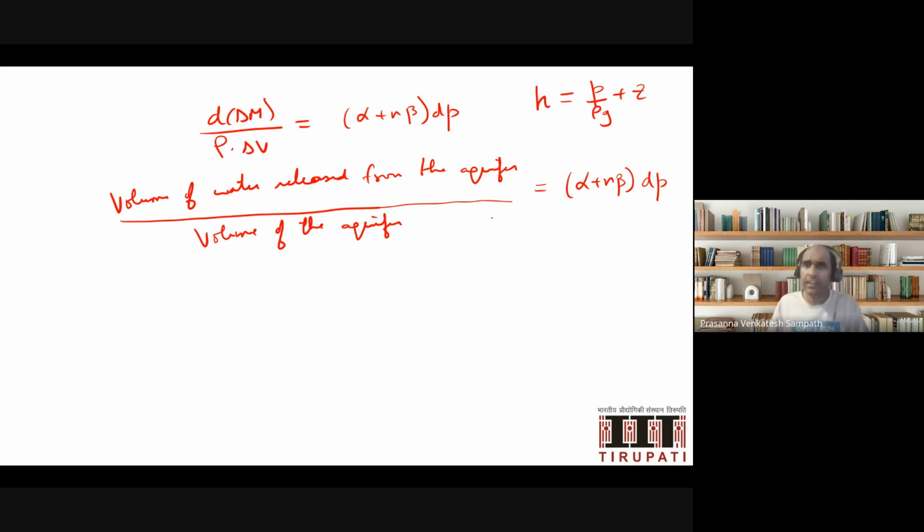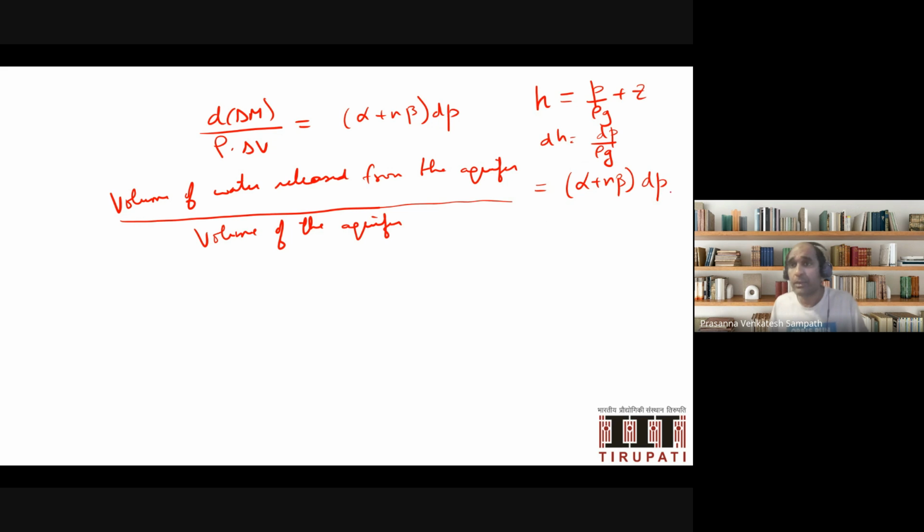So how much will that change be? Let us differentiate this. So I'll get dH equal to dP by rho g plus dz, but at that particular point, there's no change in z, right? The elevation of that point is not changing. So there's just dH equal to dP by rho g.